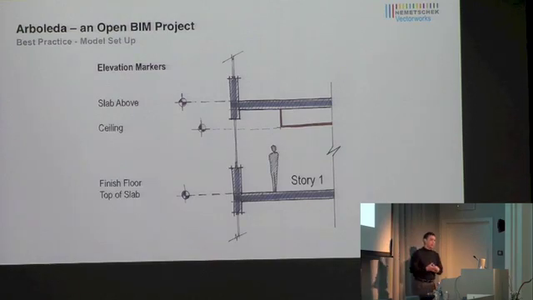So, the sketch. In 2012 we introduced stories, right? Now the use of stories, I'm sure everybody wonders, how do I use stories in this project? So part of this Arboleda project was to test what is the proper way of using stories.